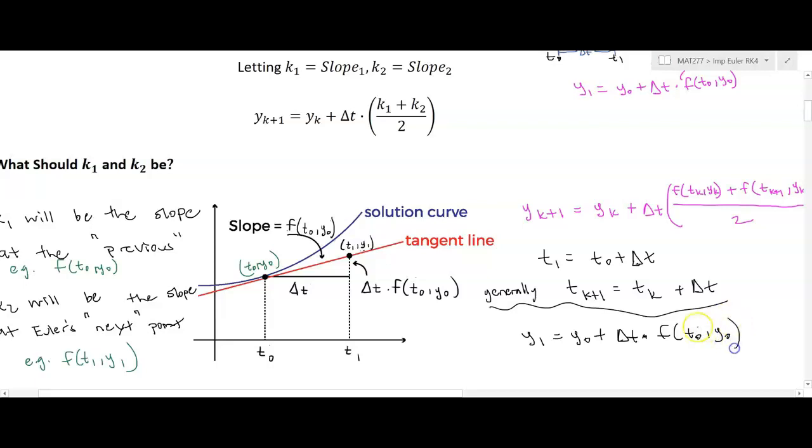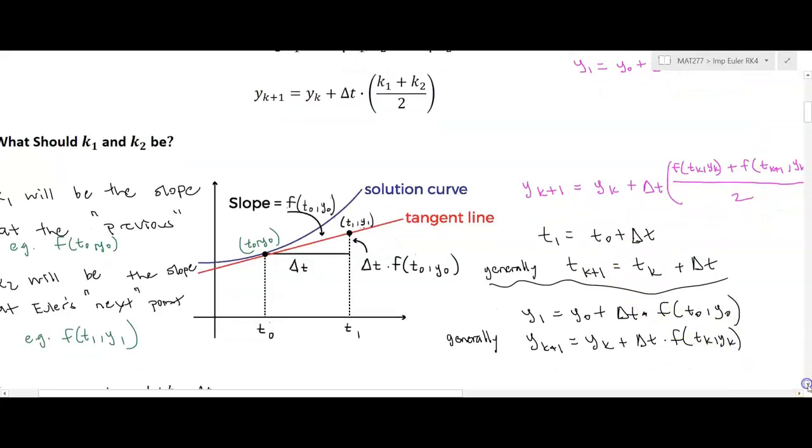And again, we could do this generally just by replacing our subscripts as appropriate. Y sub k plus 1 is equal to y sub k plus delta t times f of t sub k, y sub k.